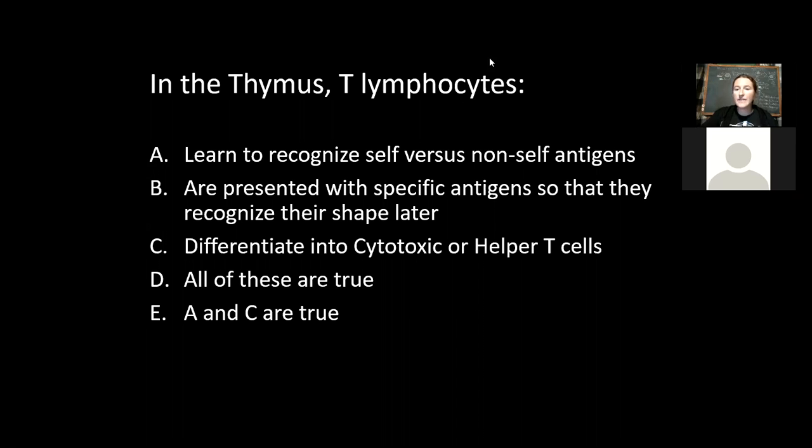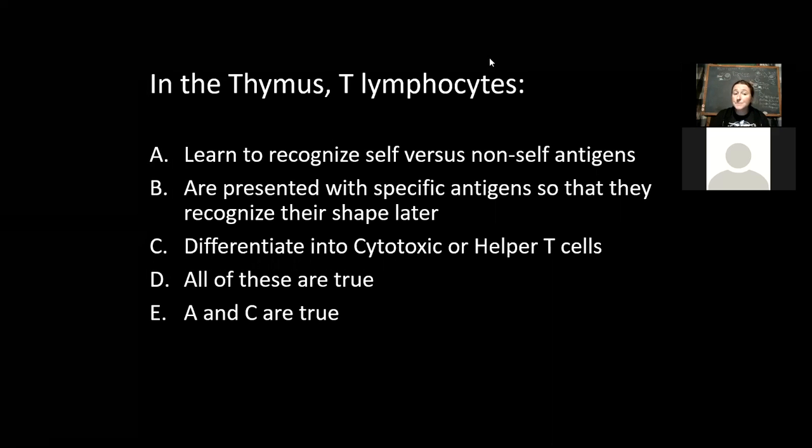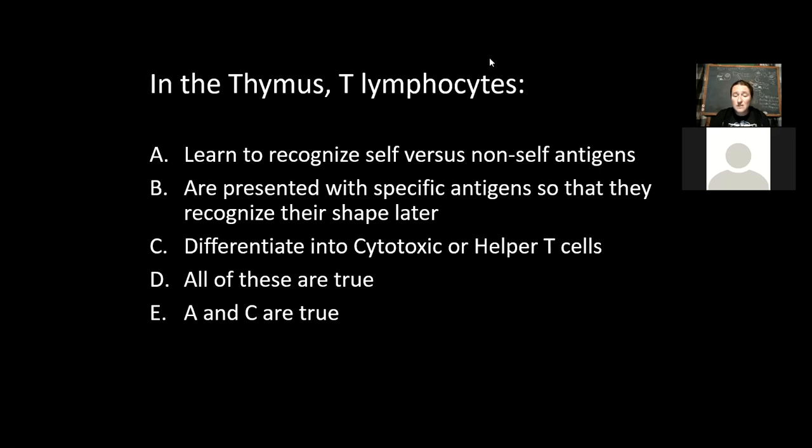Okay, so in the thymus, what exactly is this training? Right, in the thymus, the T lymphocytes learn to recognize self versus non-self. Are they presented with specific antigens so they can recognize that shape later? Right, so this is bacteria A, this is bacteria B. Do they differentiate into cytotoxic or helper T cells as opposed to having both?